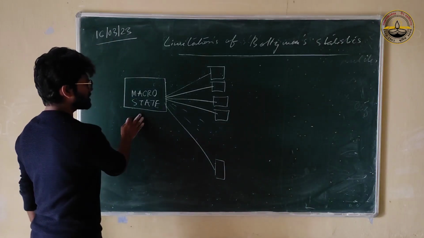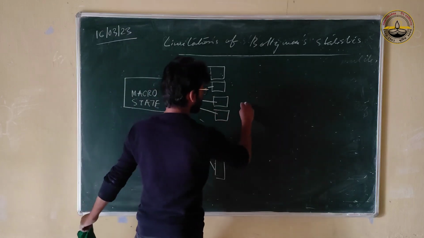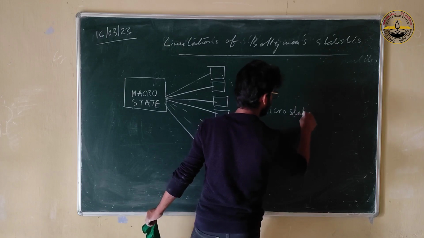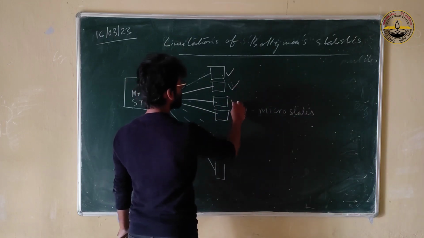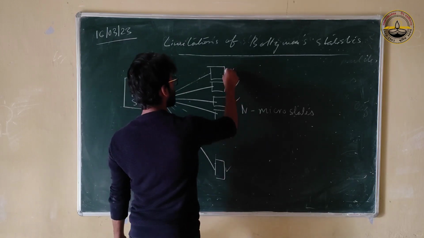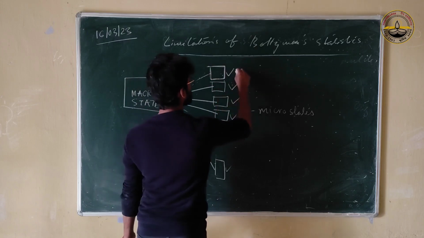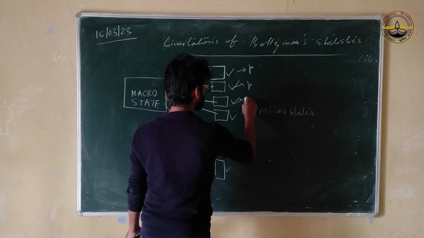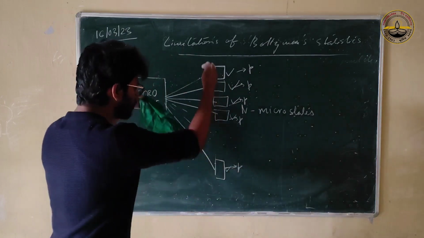If you have a macrostate and corresponding to that, n number of microstates are, let's say, allowed, then each one of them has equal probability. If the probability of finding the state in this particular microstate is P, then this should be also P, and so on for each.